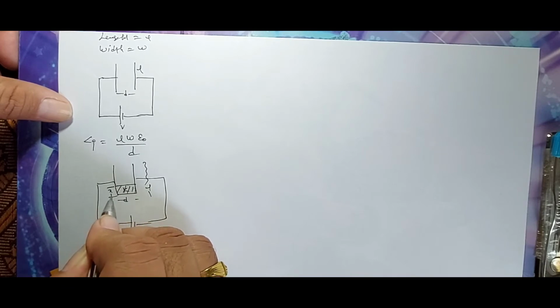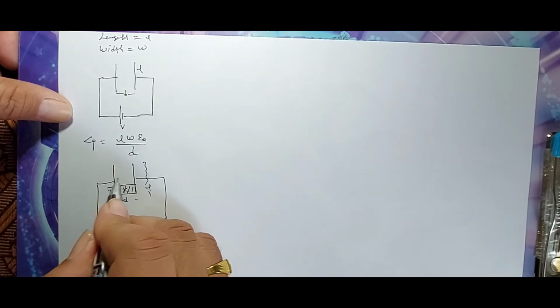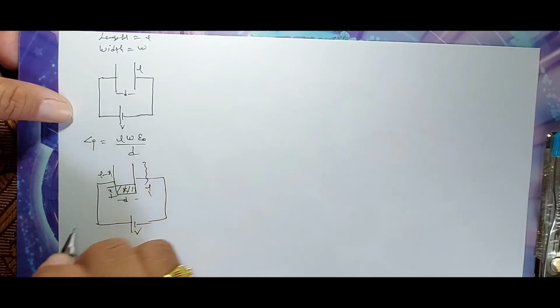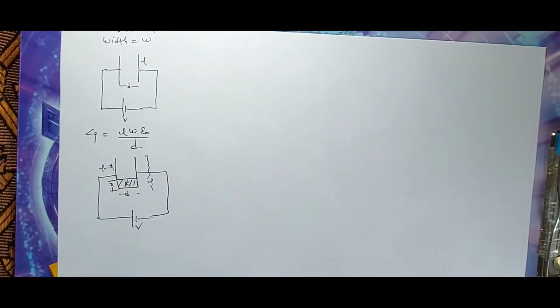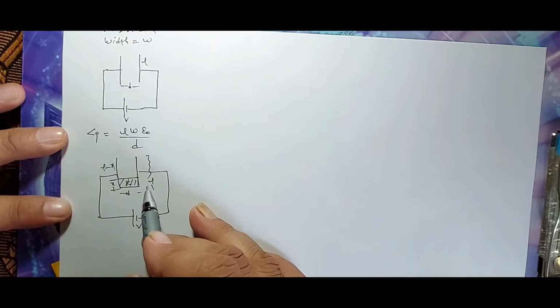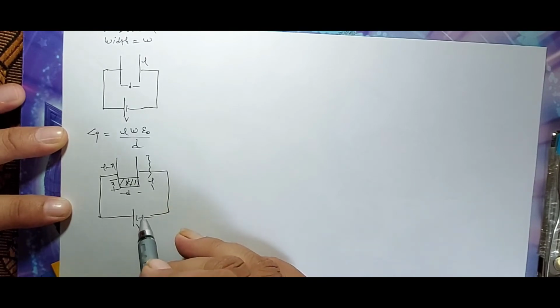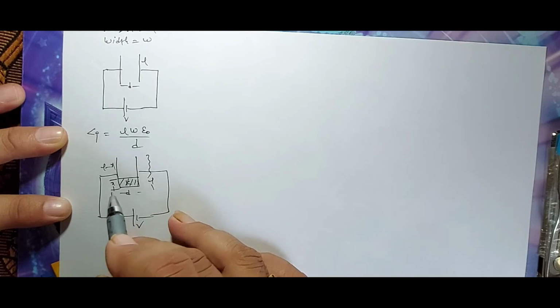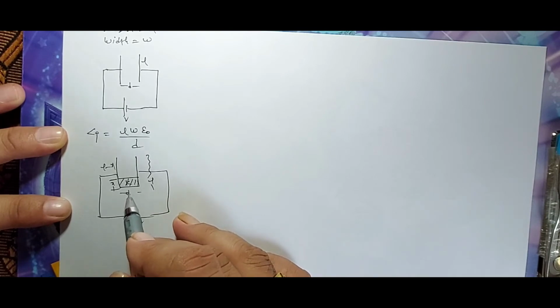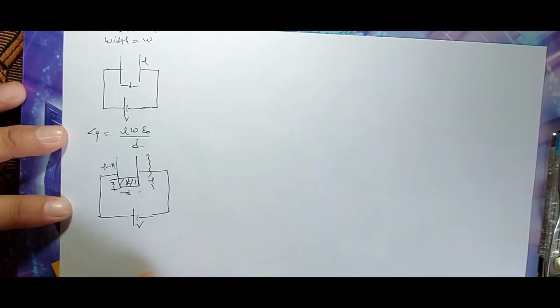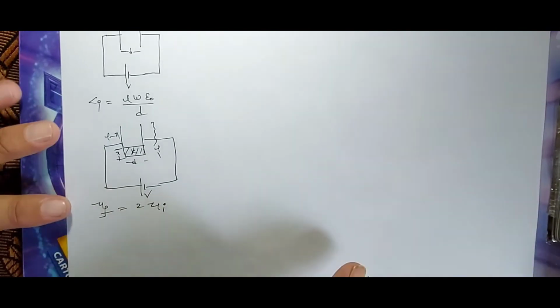Up to length X. That means the remaining length becomes L minus X. Total length is L; up to length X, a dielectric constant K is inserted. At what length of the dielectric will the energy be double the initial energy? That means U final is equal to 2 into U initial.